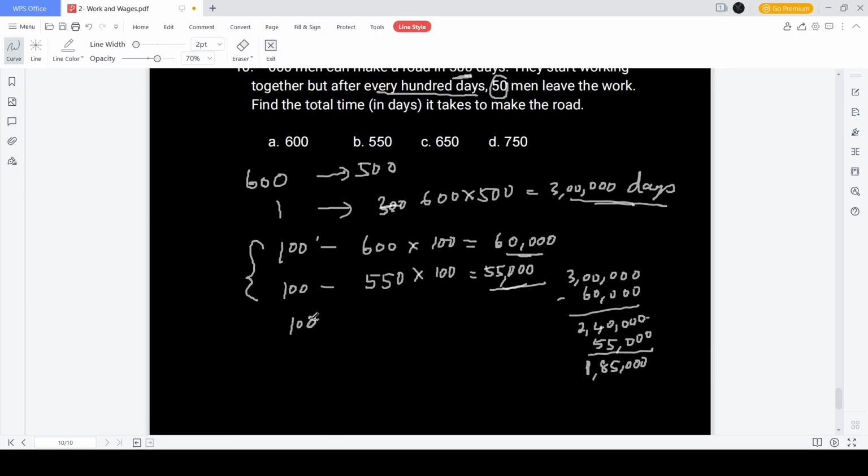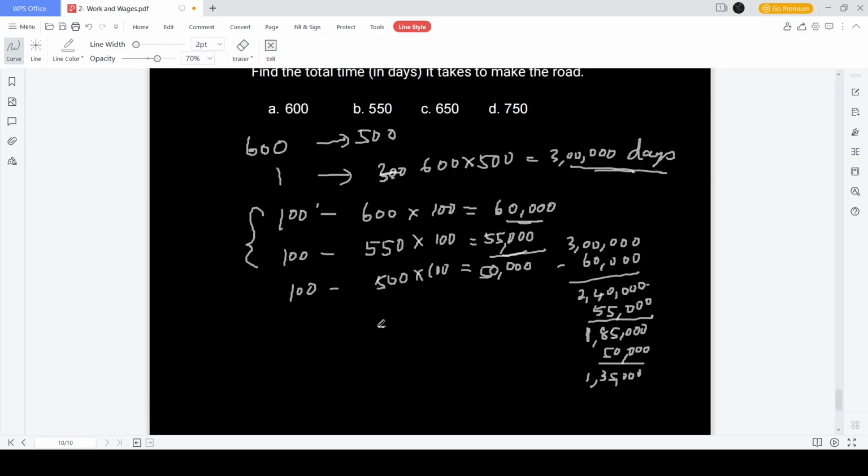Okay, in the next 100 days again 50 people leave, so we have only 500 people working. Into 100 is how many units of work they are doing, that is 50,000. So if 50,000 work is done, there is 1,35,000 units of work remaining. In the next 100 days again 50 people leave, so 450 into 100, that is 45,000 units of work being done.